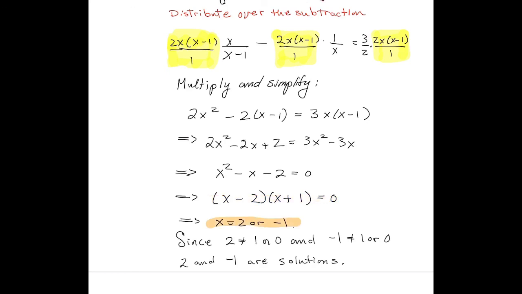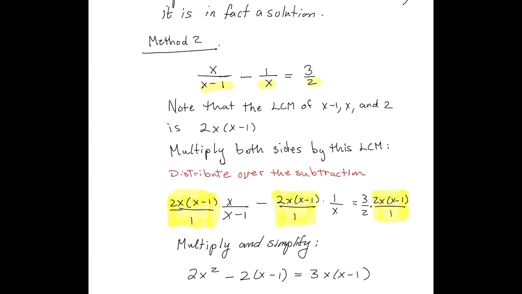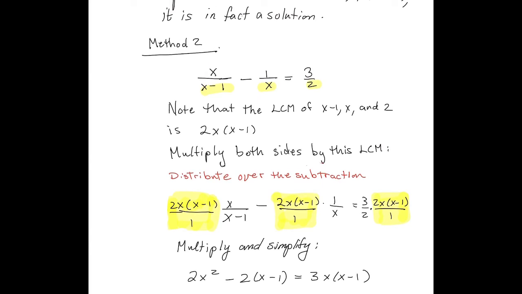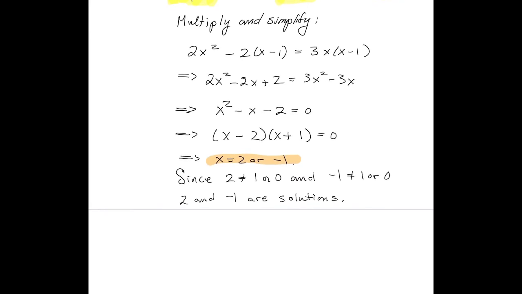But the original expression is not defined for x equals 1 or x equals 0, but these are neither 0 nor 1, so we are okay. And 2 and negative 1 are solutions to this equation.